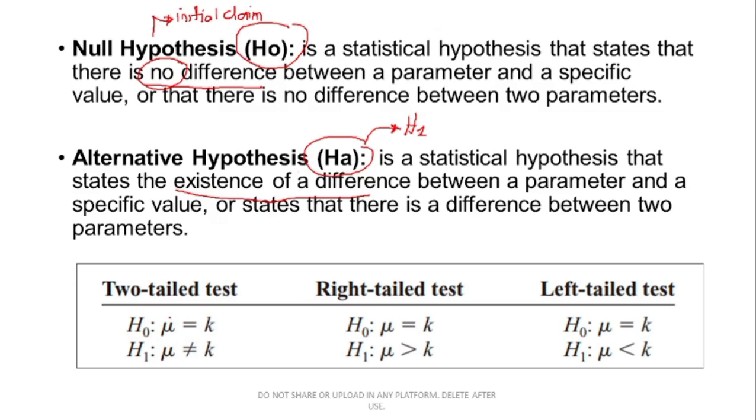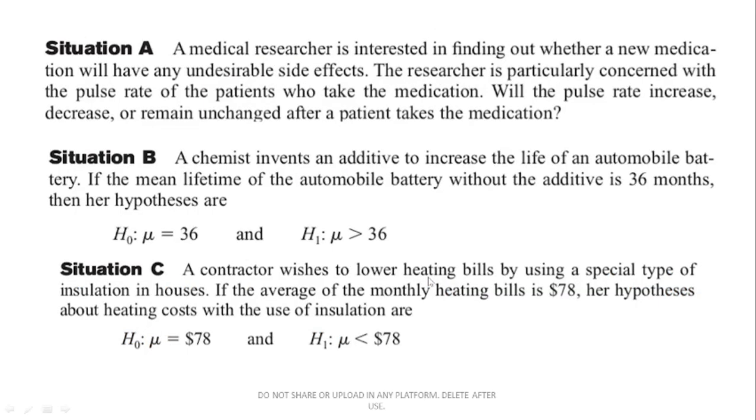So iba't iba ang construction or iba't iba ang magiging hypothesis natin depende kapag two-tailed test, right-tailed test, or left-tailed test ang gagawin natin. So ano ba tong mga to? Tong two-tailed, right-tailed, and left-tailed test. Okay, so we have situations here.